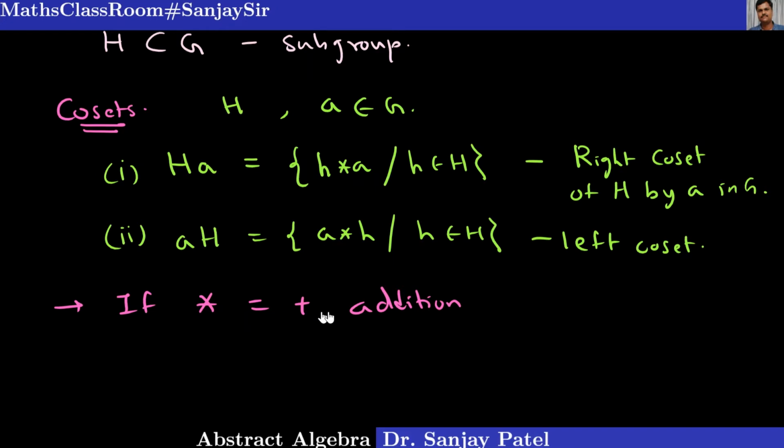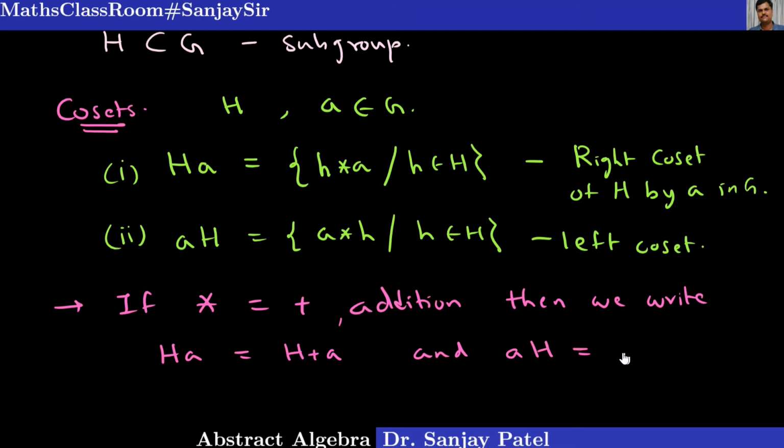So if star is the operation of addition, then we write the symbol HA as H plus A, and we write the symbol AH, the left coset symbol, as A plus H. So just for your information, for the operation of addition, the left coset and right cosets are denoted by the symbols A plus H and H plus A respectively.